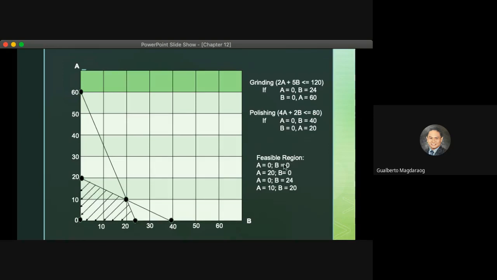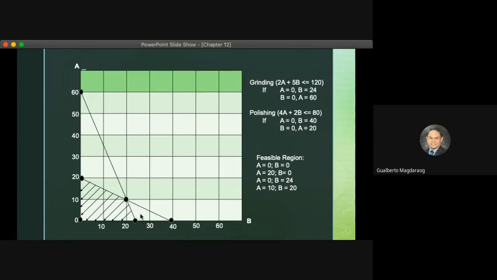Ito yon. So beyond that, hindi na yun feasible because it will not fall within the limits. Ito, yung sa polishing, anything beyond this one is not feasible for polishing. Although within the limit of grinding, hindi naman ubra sa polishing. Anything beyond this line also is against the limitations of grinding.